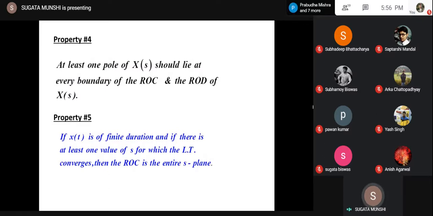I'll prove this fifth property because that will give you some insight into the state of affairs.